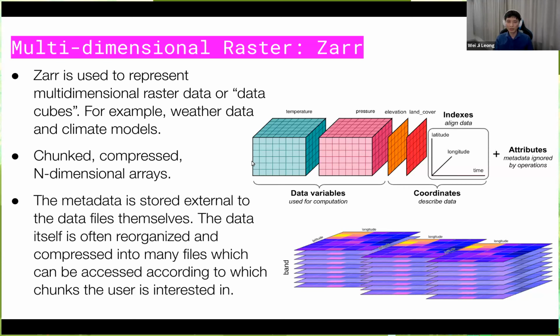The way it works is you have these things called chunks. You can think of chunks as 3D cubes, which store a data variable in dimensions. And each of these chunks can be compressed so that they remain small in file size.